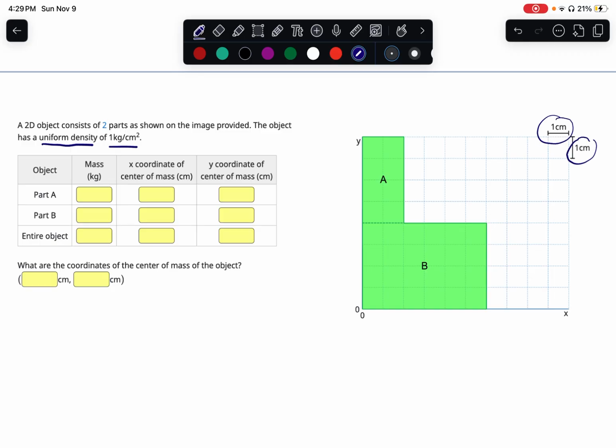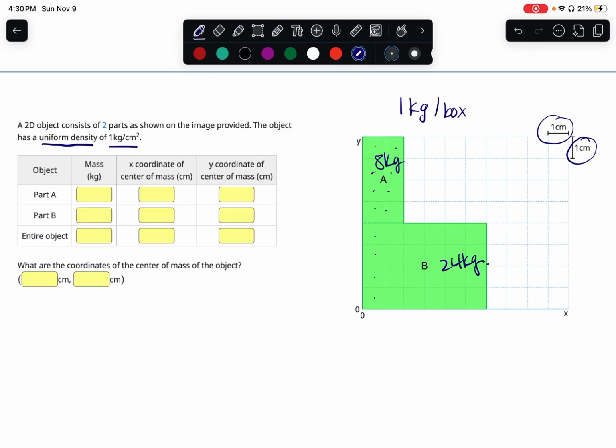Well, a square centimeter is a box, so it's 1 kilogram per box. So you could count this up, and this is going to be 8 kilograms. 1, 2, 3, 4, 5, 6, 7, 8, because it's 8 boxes. And this one is 1, 2, 3, 4 times 6. So this is 24 kilograms. So that can get you your mass for your boxes.